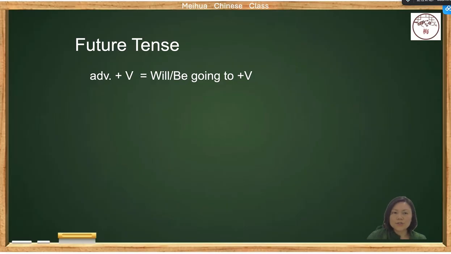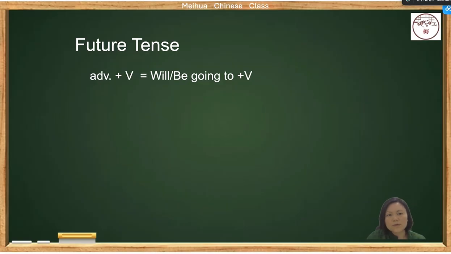For future tense, usually we would use some adverbs before the verb to indicate that something is going to happen sooner or later.